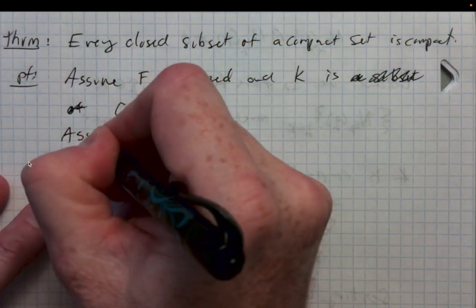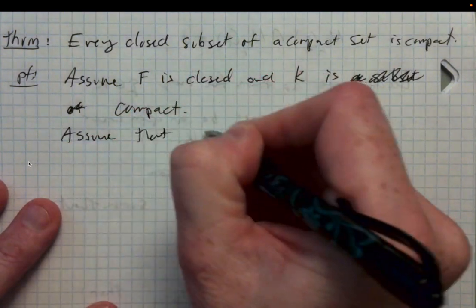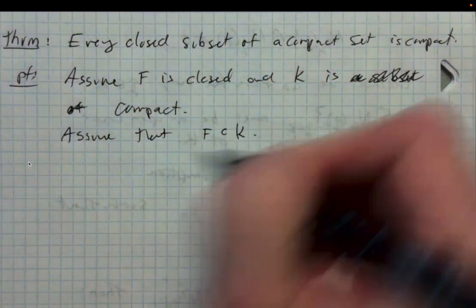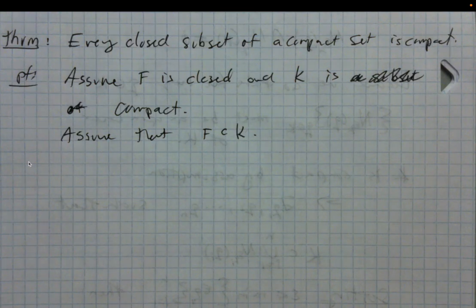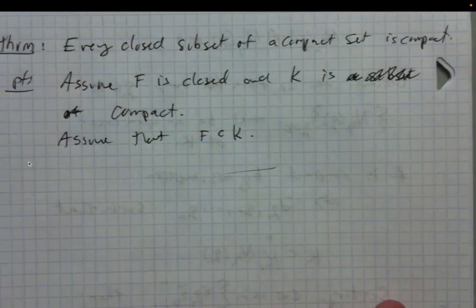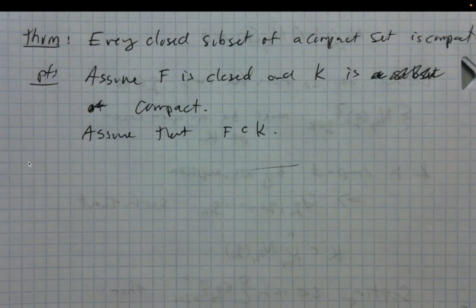Assume also that F is a subset of K. So I've got the compact set K and F is a closed subset. There's probably more expedient ways to state that.